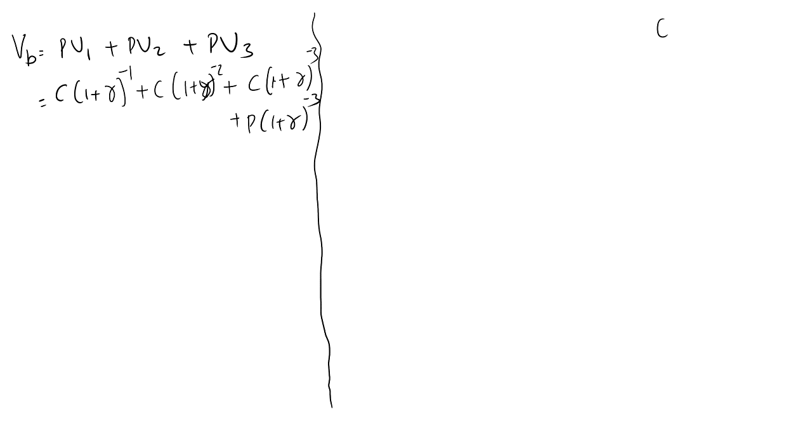Remember that we have C plus par, 1050, like this before. Okay, and I will break it down here. Fine, so we have 3 Cs over here.